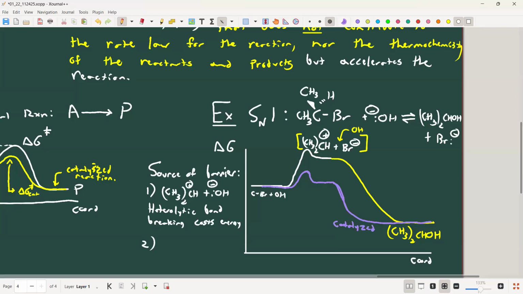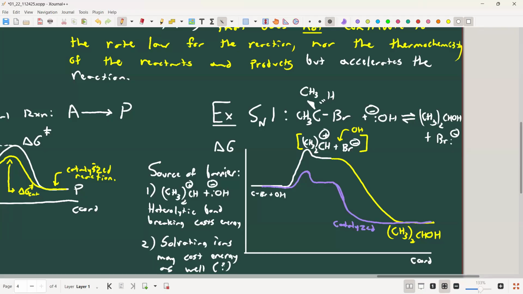And another thing is that solvating ions in the solvent may cost energy as well. Well, we should put a question mark here because it may depend on the solvent.